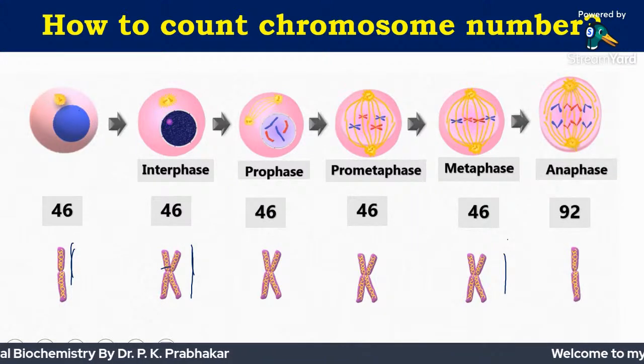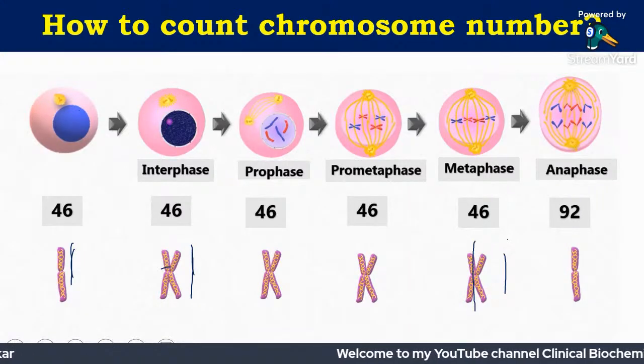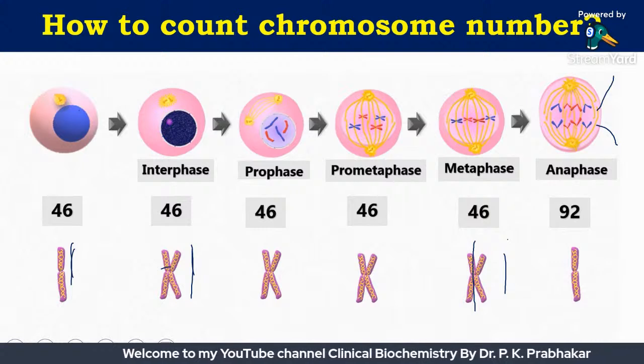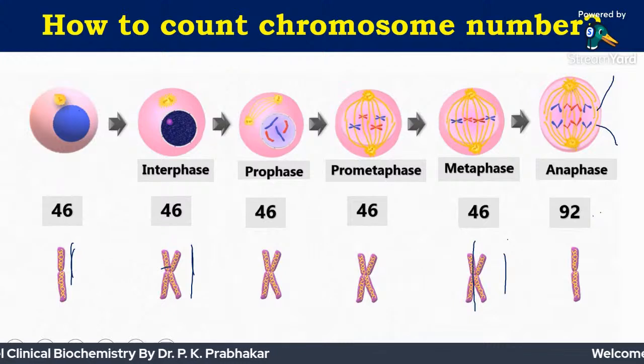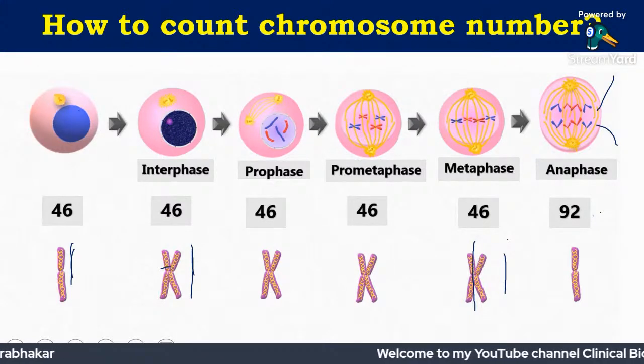After metaphase, in anaphase, the two chromatids separate. One chromatid goes to this side, another chromatid goes to the other side. In that case, we have 92 chromosomes in anaphase, which means you can visually see 92 chromosomes in anaphase.